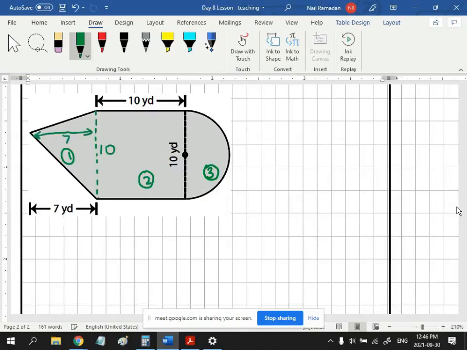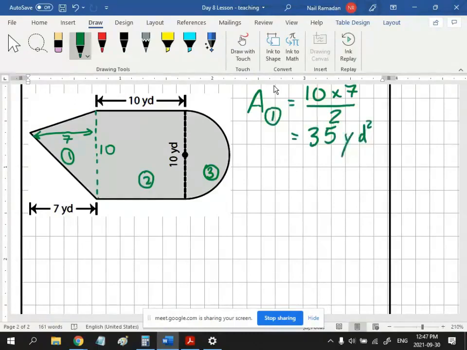Okay. So area 1, everyone, area 1 equals 10 times 7, all divided by 2. 70 divided by 2, 35 square yards. Okay. Shape number 2.